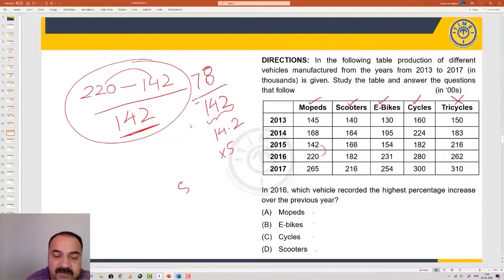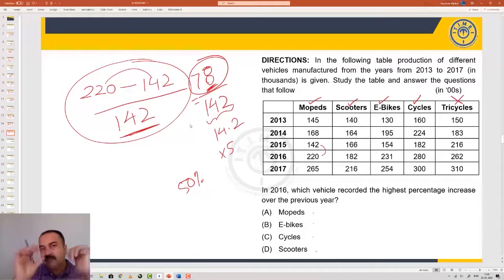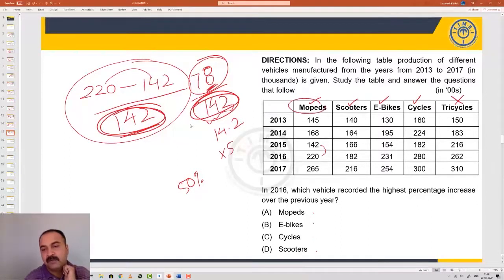So this is 50% and a little bit more. So that is what we are going to track. We will see the difference in every pairing. We will compare it with the previous year's base number, which was 142 here for the case of mopeds, and we will try and play this 10%, 1% game so that we are able to reach that particular number.